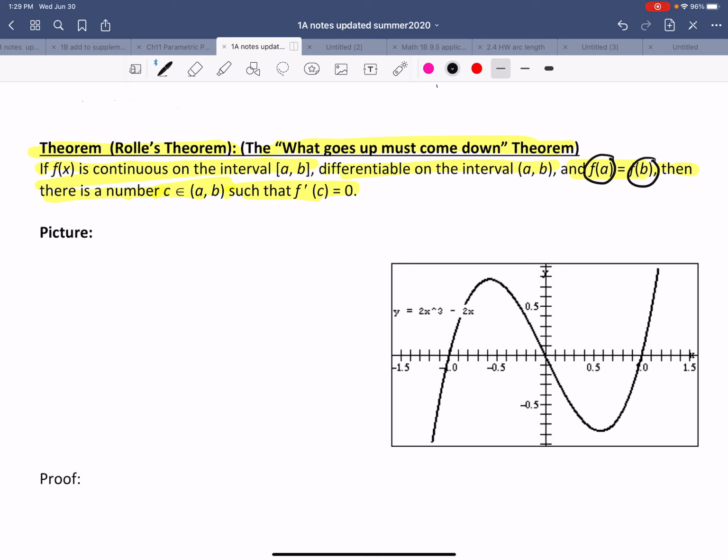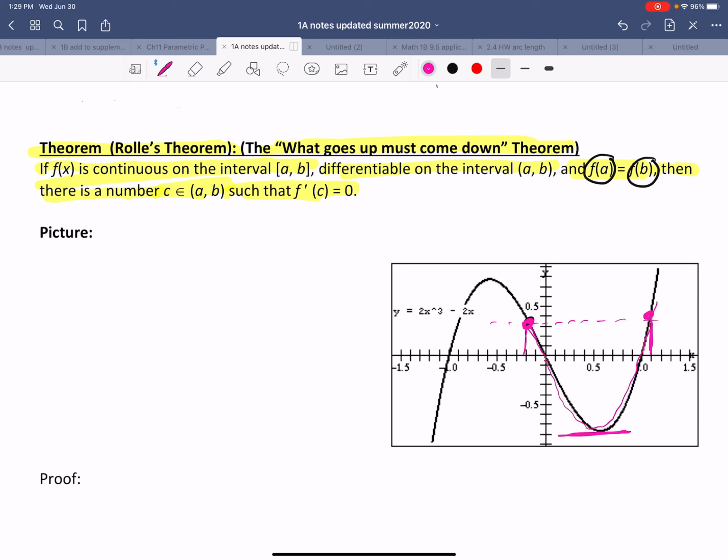If you think about it, if two y values are equal at two different x values, then my function must come back for that to happen.